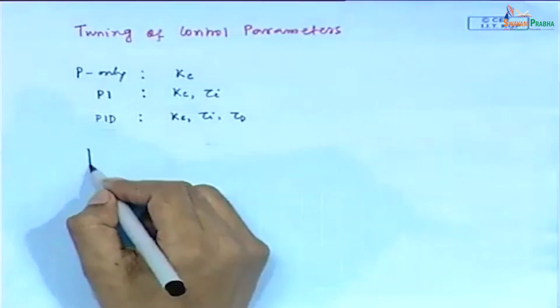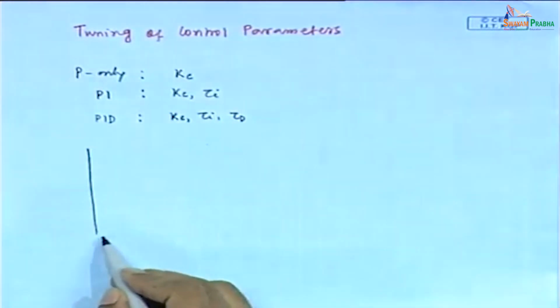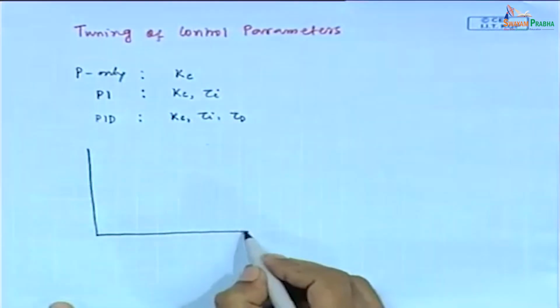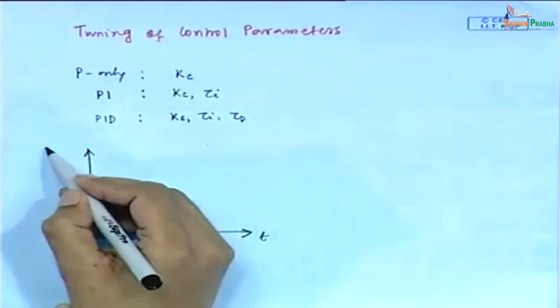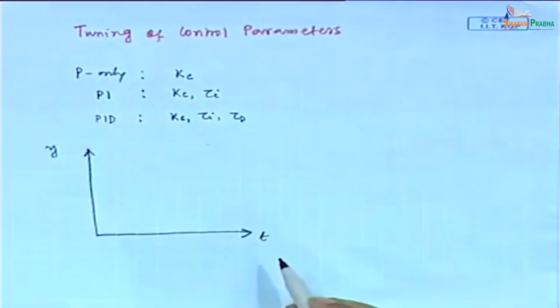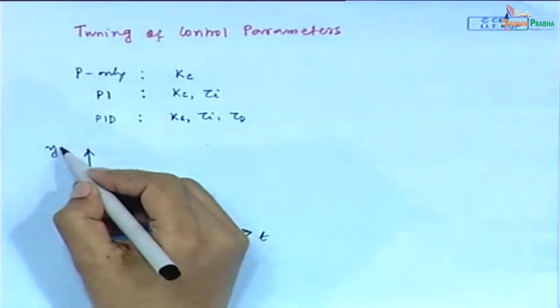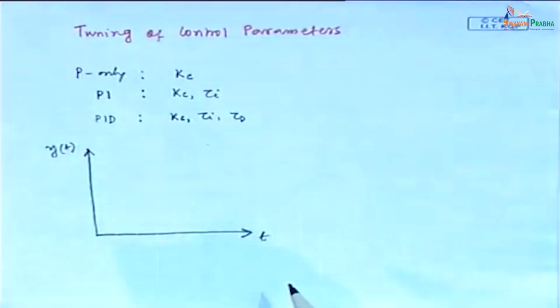When we go to apply the control equations, we need to use the values of these tuning parameters so that we get the best possible closed loop performance. Fine. If we take a simple example, where we make a plot between closed loop process output y(t) and time t.